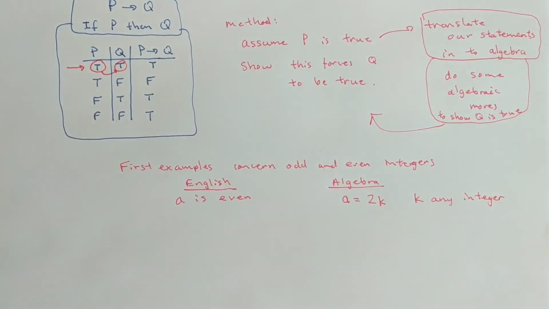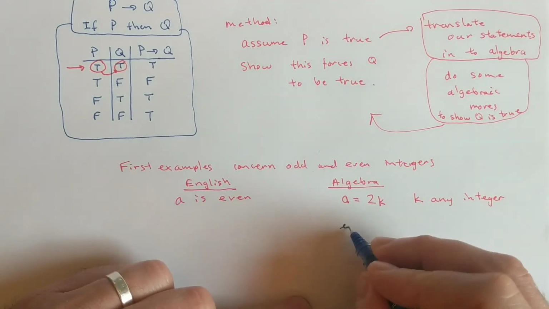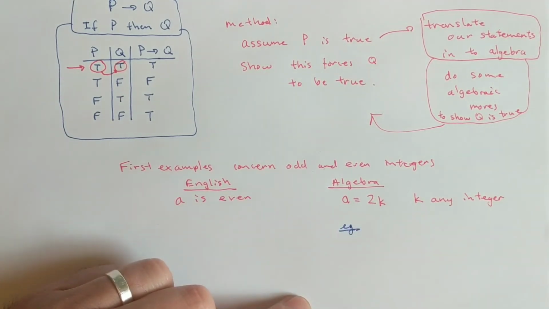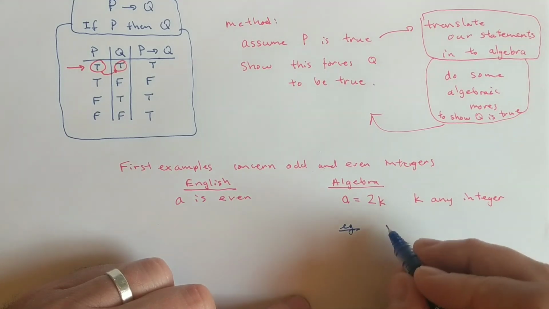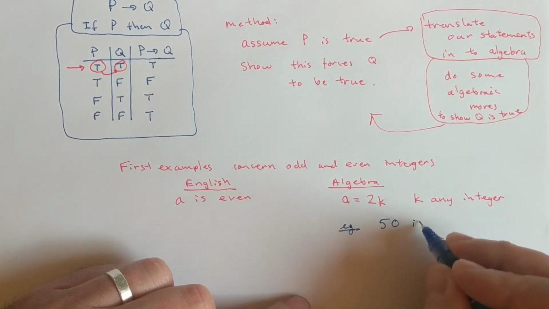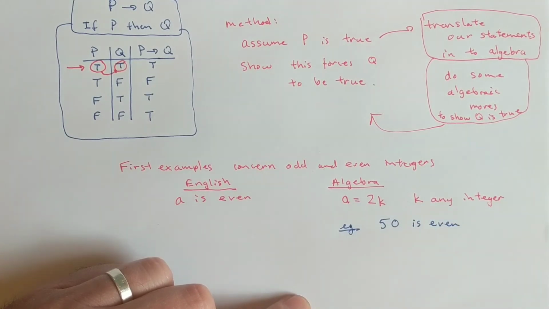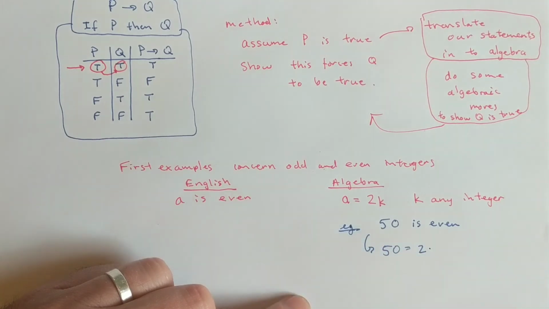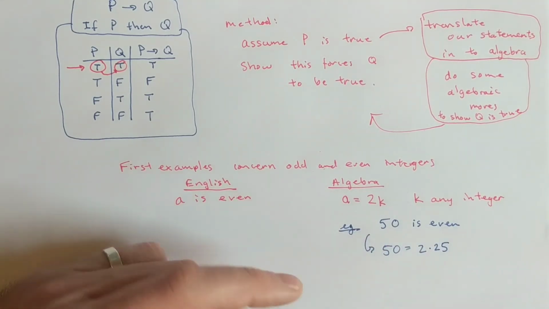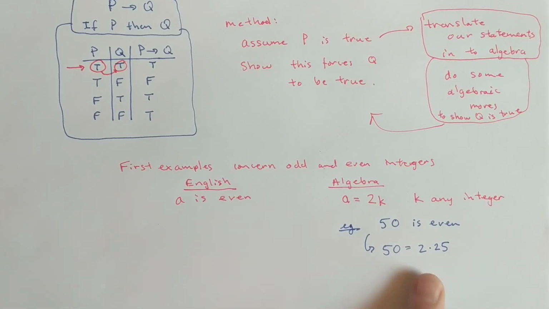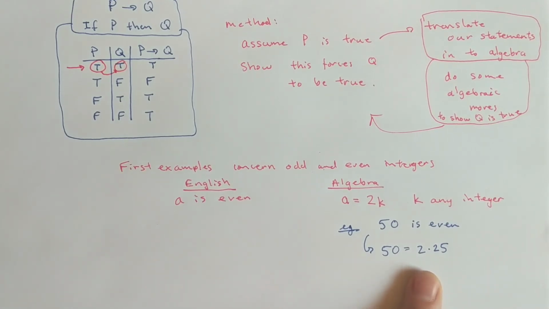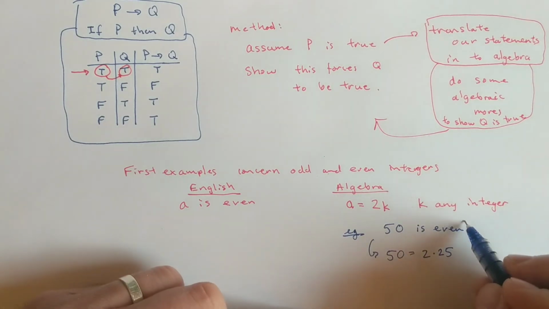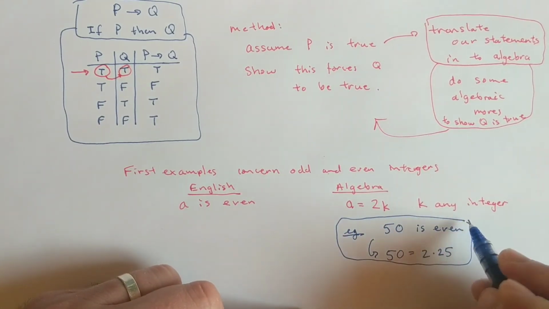For example, using the algebraic definition, I know that 50 is even, so that would be the English, because I can write 50 equal to 2 times some number. And it happens that that other number is 25. Just the fact that I can factor this way is telling me that 50 is even.